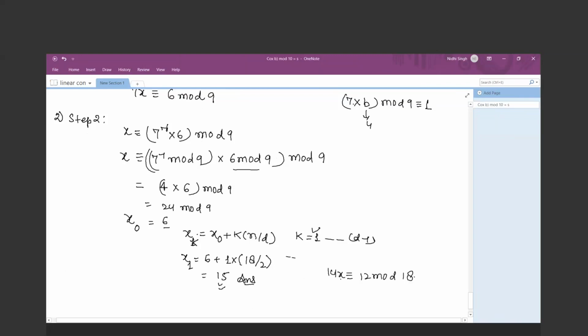Okay, put the value of x here and check it. That is, if you put the value of x as 6 here and after performing the mod operation, the answer should be 12 because there is a congruence operator. So the operation applied on the right hand side should be applied over the left hand side. Okay, so the answer should come here. Similarly, in the other equation, put in 15, that is 14 into 15 and after performing the mod operation, the answer should be 12. You can check it. You can check your answers.